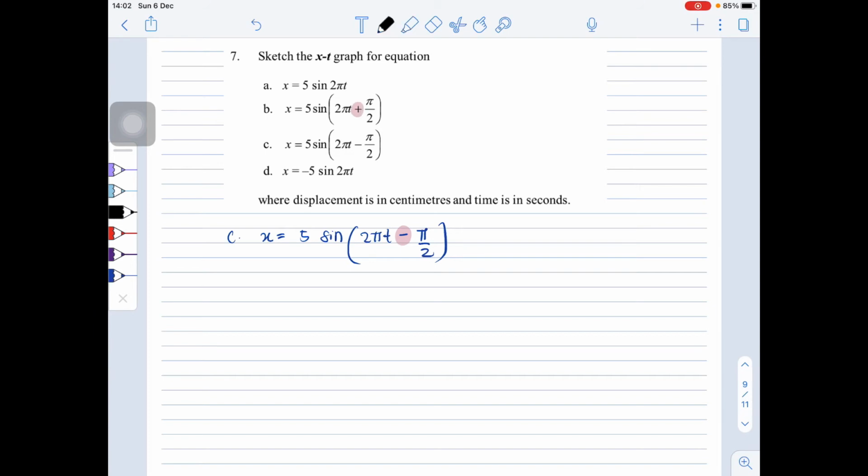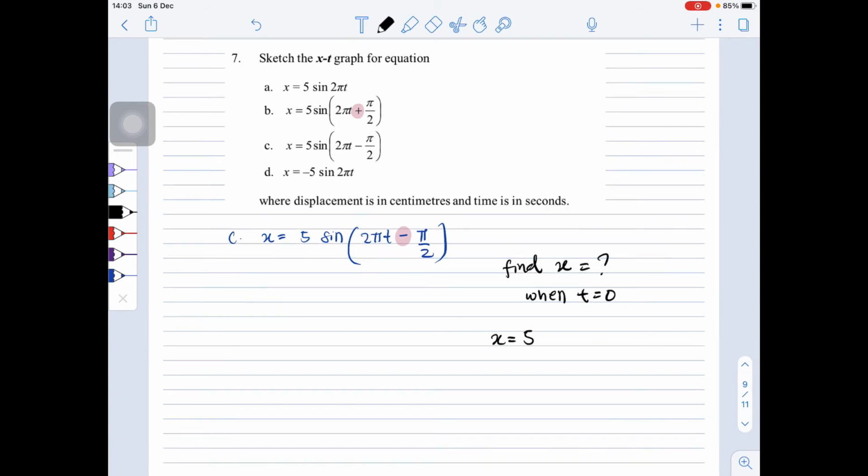So we will do the same thing, which is we find x. Okay, find x when t is equal to 0. So meaning that we substitute the value of t. Okay, t kita akan substitute kepada 0 minus pi/2.